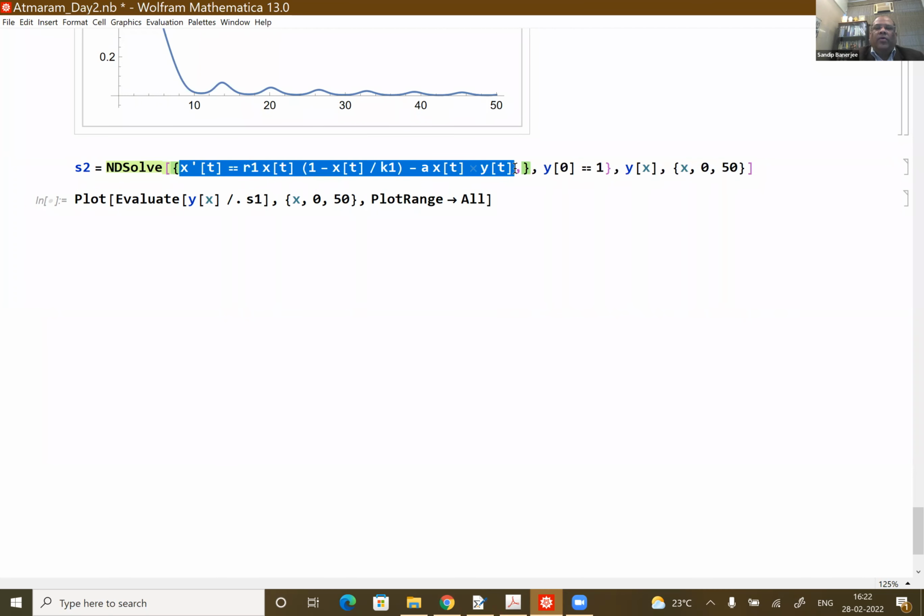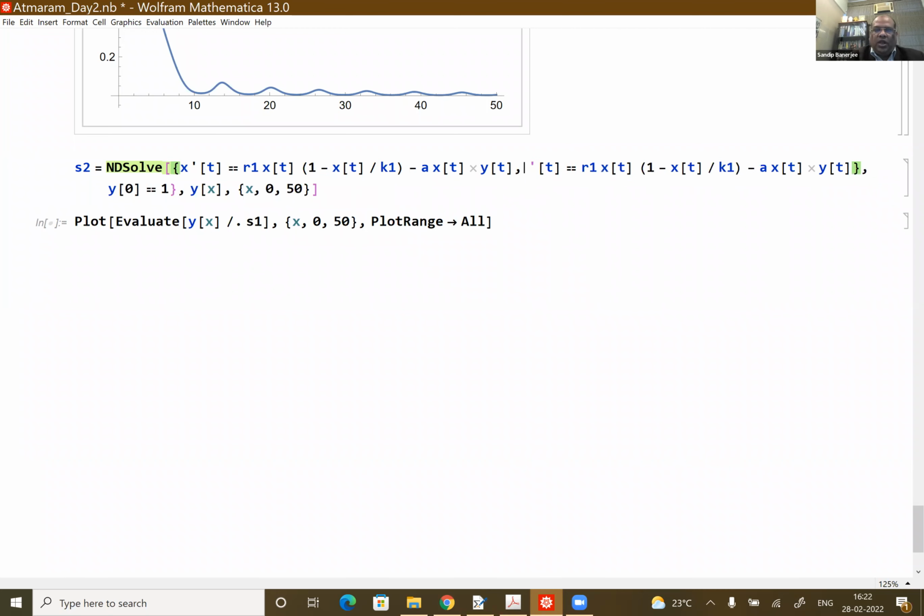The second equation is y'[t] is equal to R2 y[t] minus y[t] by K2 into A times x[t] y[t]. Now I need two initial conditions.